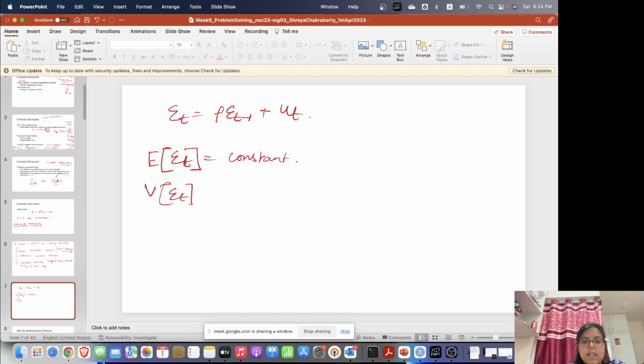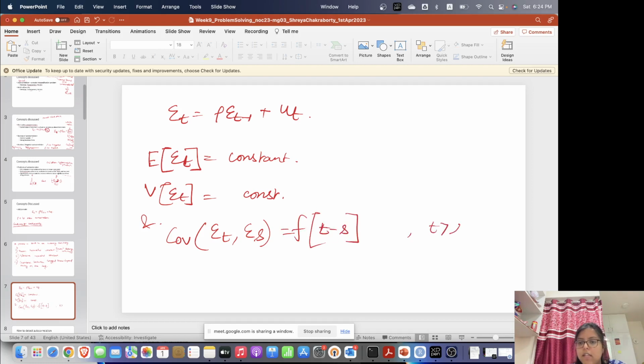The variance of epsilon t should also be constant, and the covariance between epsilon t and epsilon s should be some function of t minus s, given that t is greater than s. This is with respect to some time point; let's say t is the third time point.